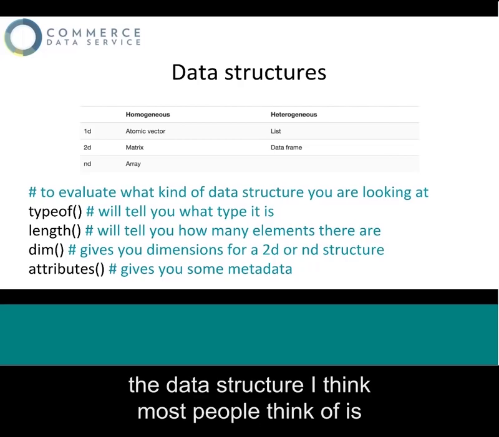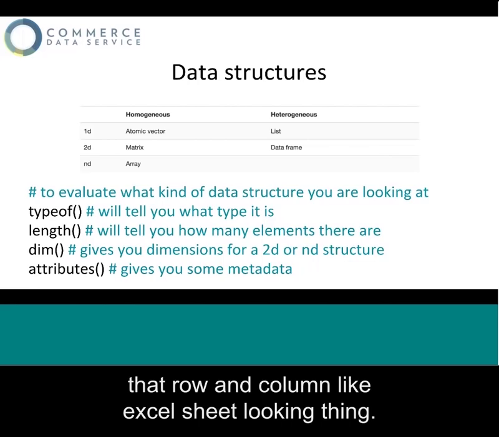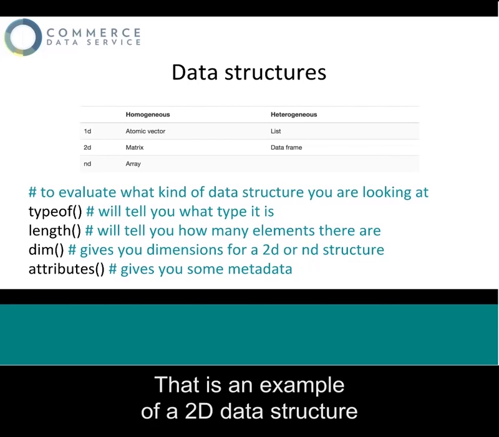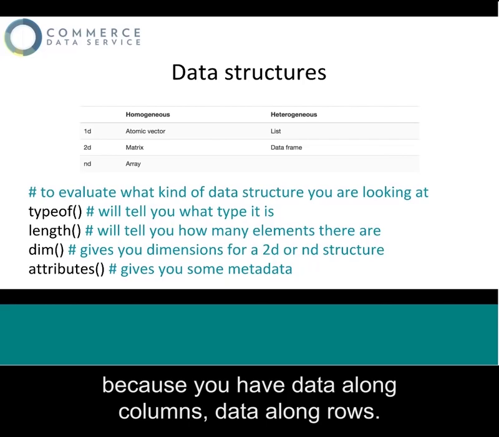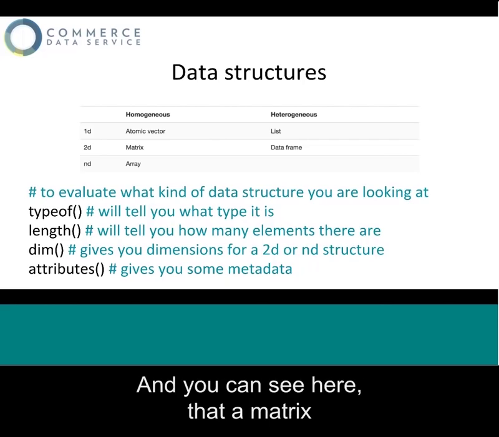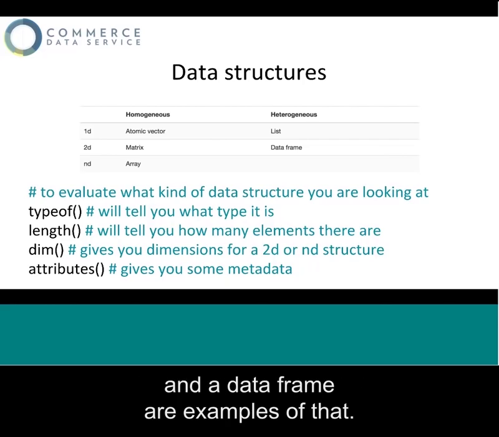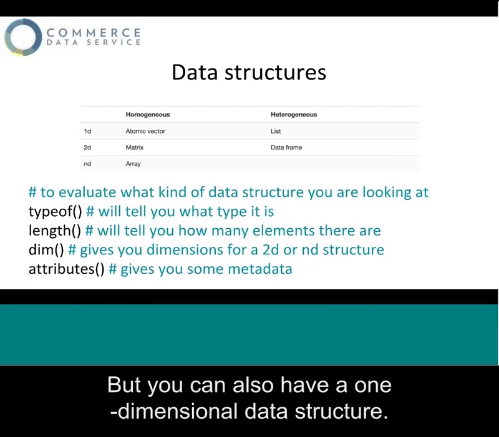For each row, the data structure I think most people think of is that row and column, Excel-sheet-looking thing. That is an example of a 2D data structure because you have data along columns and data along rows. You can see here that a matrix and a data frame are examples of that. But you can also have a one-dimensional data structure.